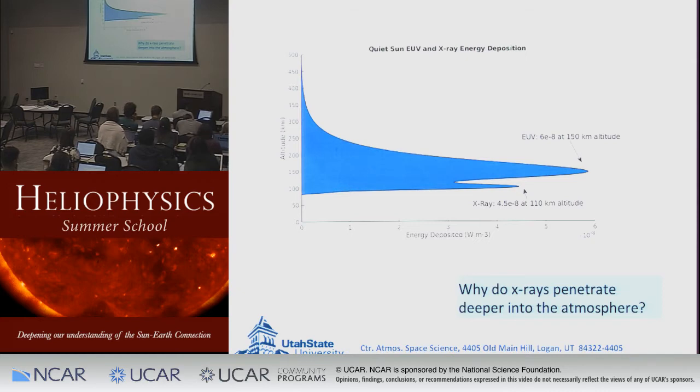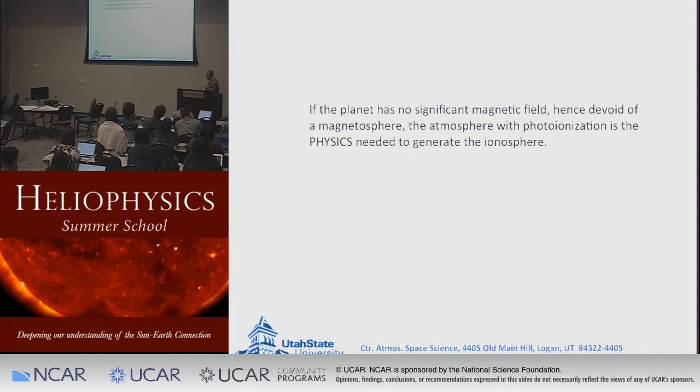So everything we've talked about, these depths and everything, are simply due to cross sections at different wavelengths. If the planet has no significant magnetic field, hence devoid of a magnetosphere, the atmosphere with photoionization is the physics needed to generate the ionosphere. So that would be the end of the story.